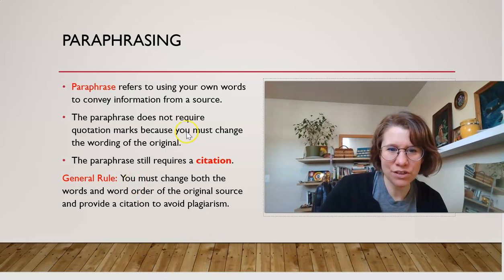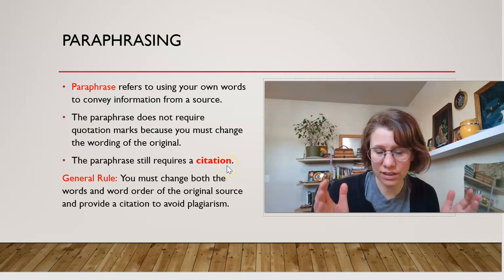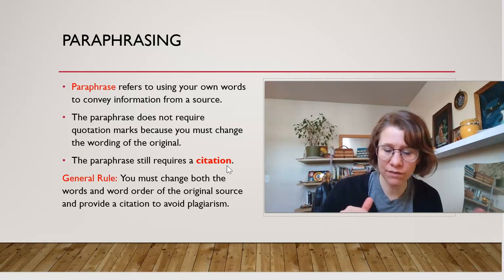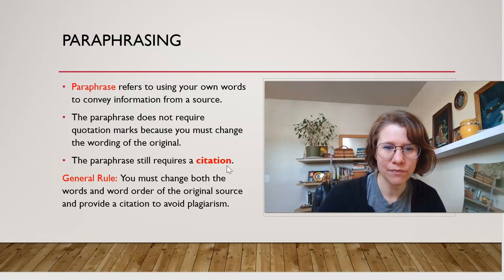So you don't need quotation marks around paraphrase because it's not the exact words of the original source, but you still need a citation at the end of the sentence. So you still need the brackets, the last name, and a page number if that information being paraphrased can be traced back to a single page. Or pages, a page range could also be included in your citation.